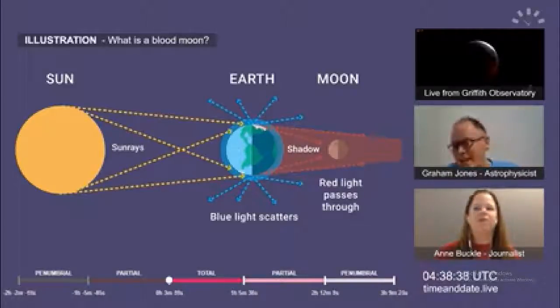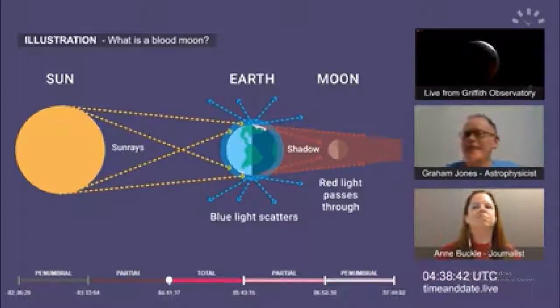Right, so we are just a couple of minutes away from the start of totality. So we are now going to start to see this reddish color.